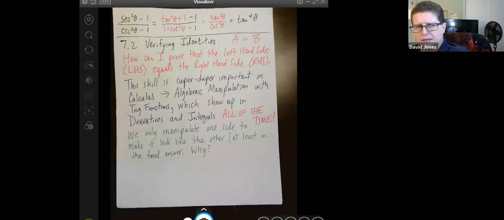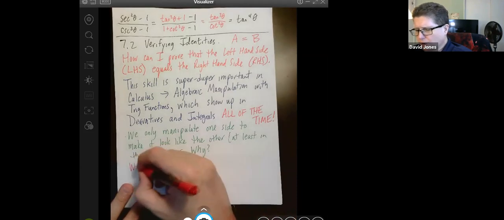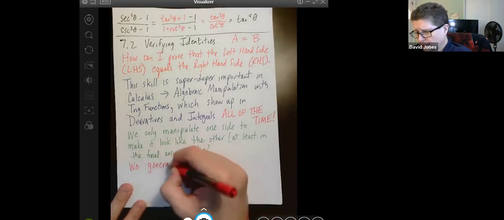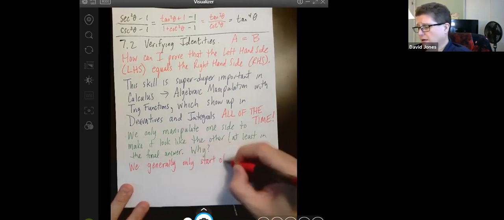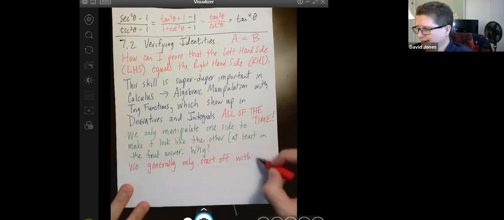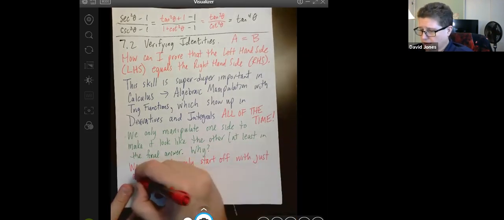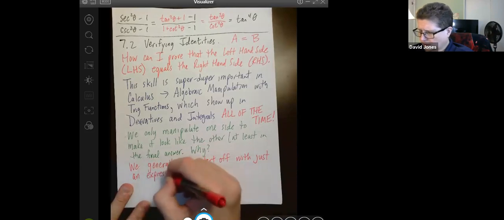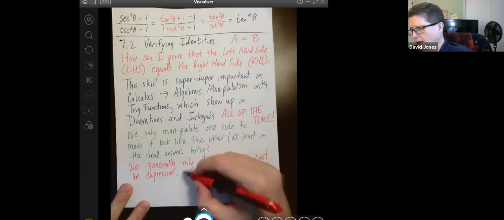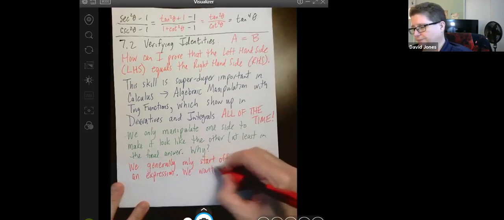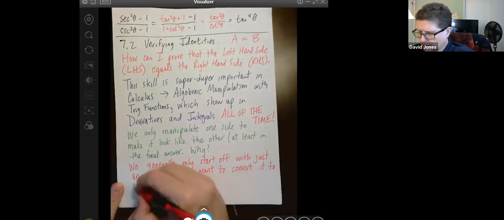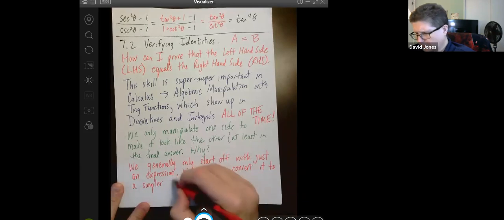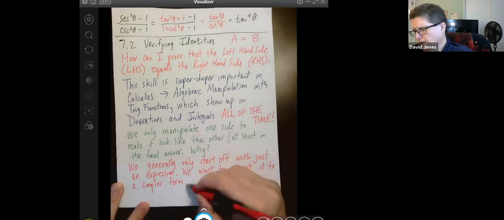No. The reason why is we generally only start off with one side, with just an expression, not an equation. We want to convert it to a simpler form, usually for calculus. How about we add that?